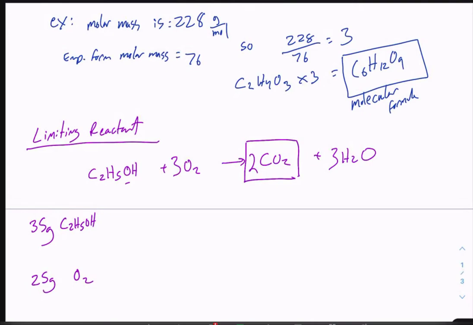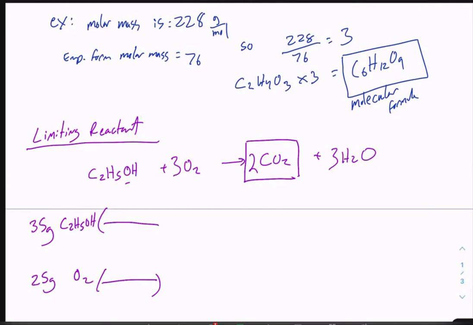How do I start this, guys? Moles, yep. So, ethanol. I think I've asked this before, but is it okay if I just take a little shortcut? Because finding moles, if I divide the grams by the molar mass, I get the same answer.